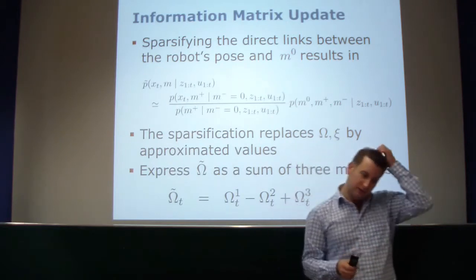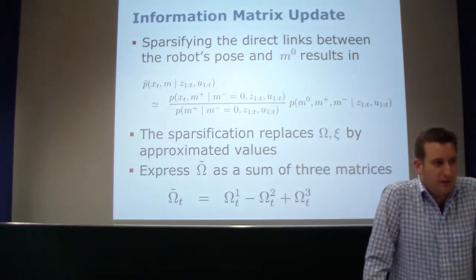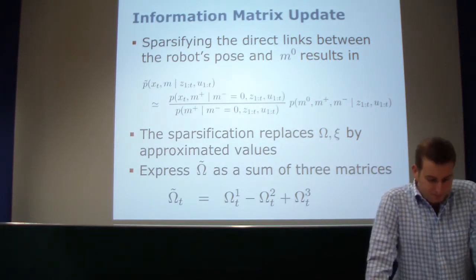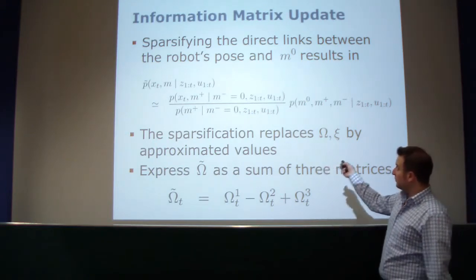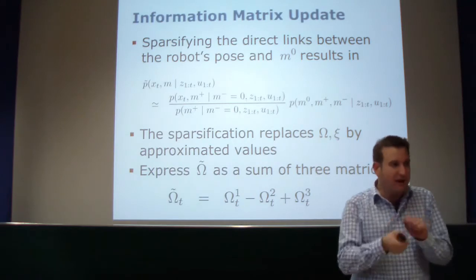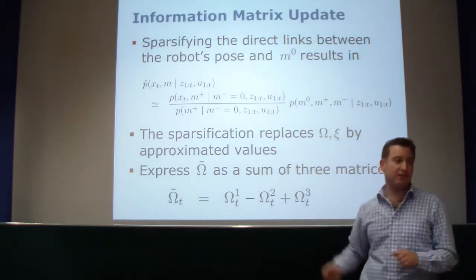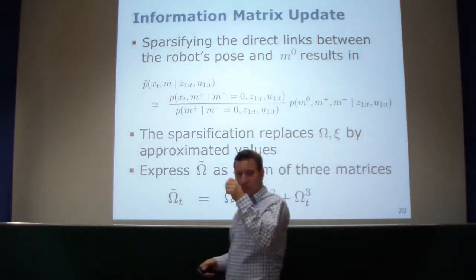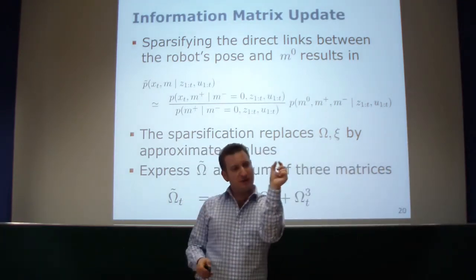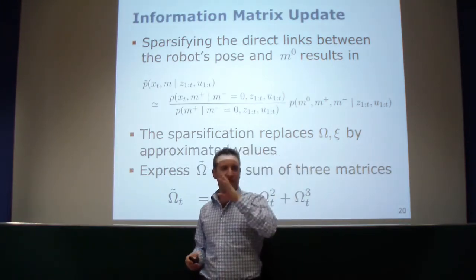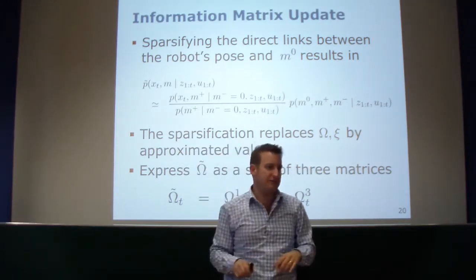The links between the two landmarks, how we just get more certain about these two landmarks when we omit the passive landmarks, but we just roughly... This comes automatically from this operation summary. So there's nothing we manually tweak in there. This comes automatically from these operations in here. The only thing we did is here, we said, we assume at one point in time in our belief conditional independence between xt and m0 given the rest, and everything else follows from these steps.